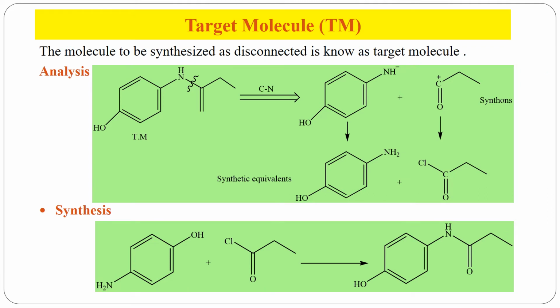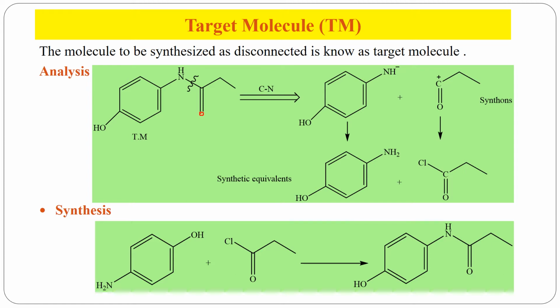What is the target molecule? Our desired molecule, which is to be synthesized, is called the target molecule and is abbreviated as TM. It is disconnected to the starting material. Here it is an amide, and we know that amide is prepared from an amine and a carboxylic acid or its acid chloride derivative.